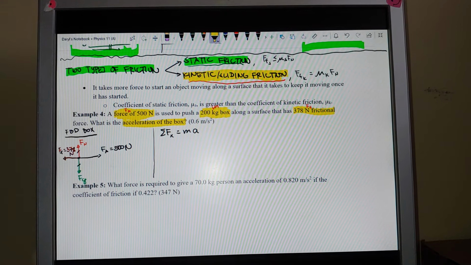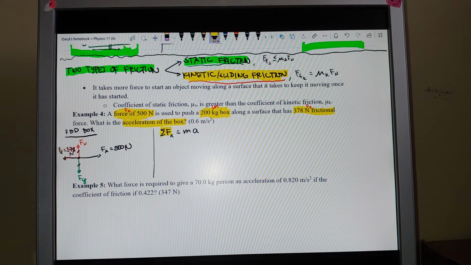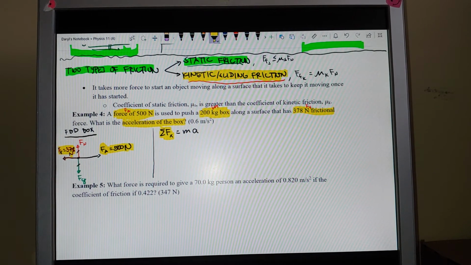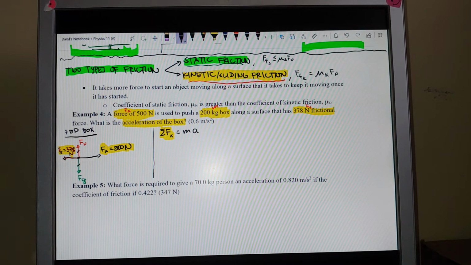So the forces along x are given by Fa and the frictional force.